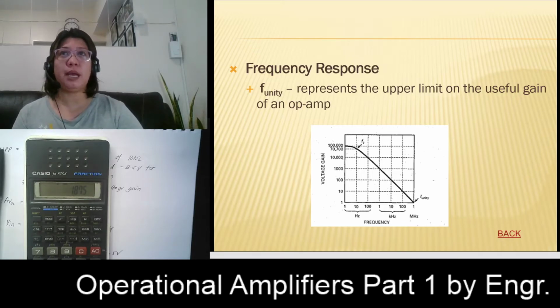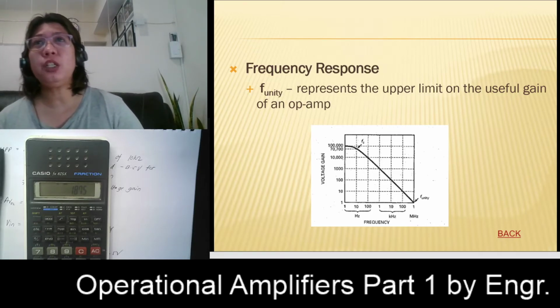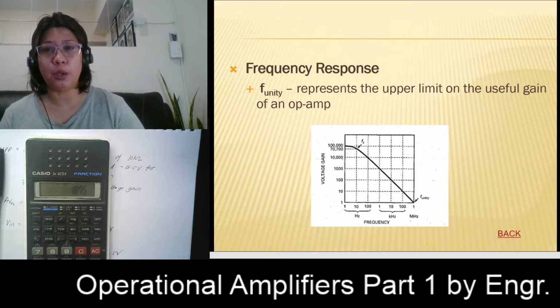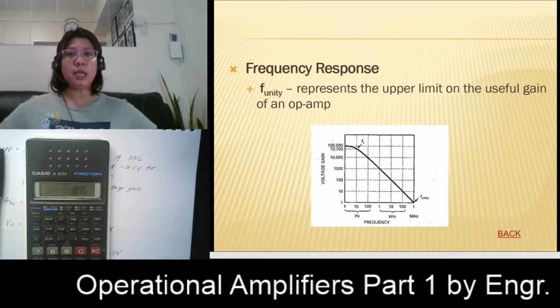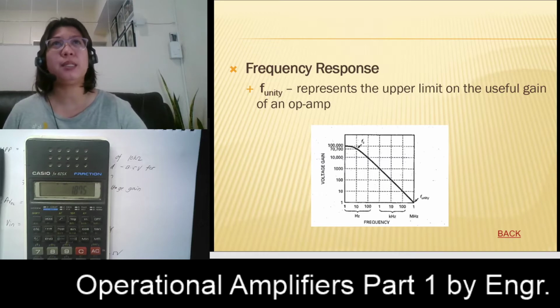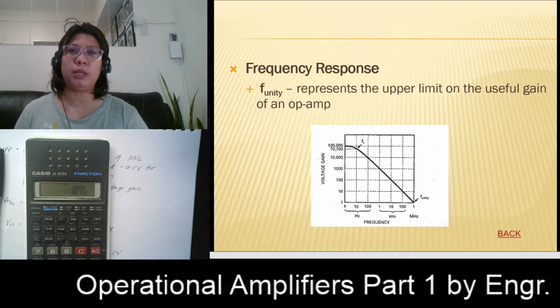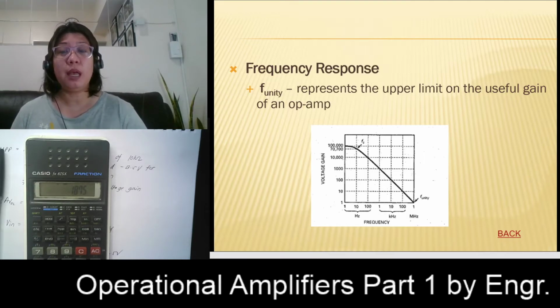This means that your 741 is useless above 1 megahertz. As you can see, the lower your frequency is, the higher your voltage gain. So actually, this is really a trade-off between the gain and the bandwidth.